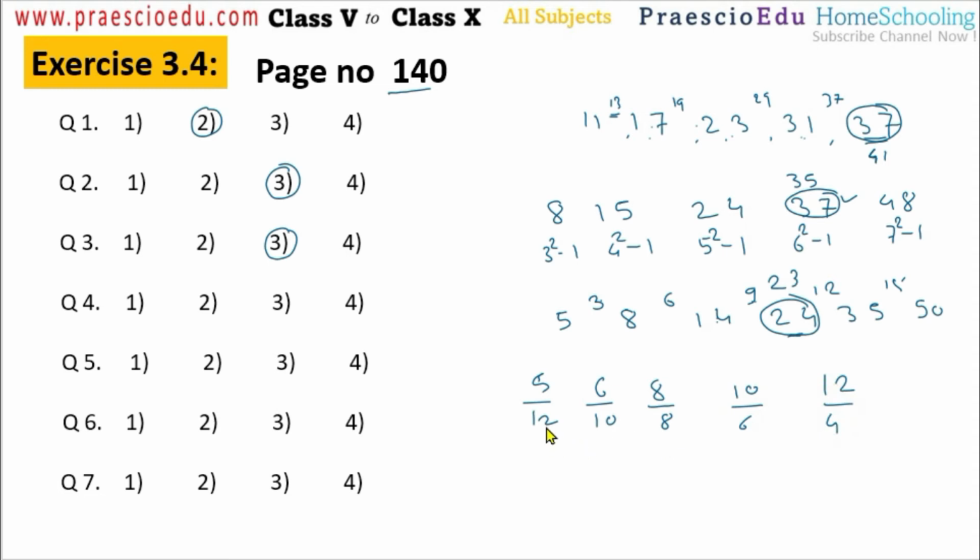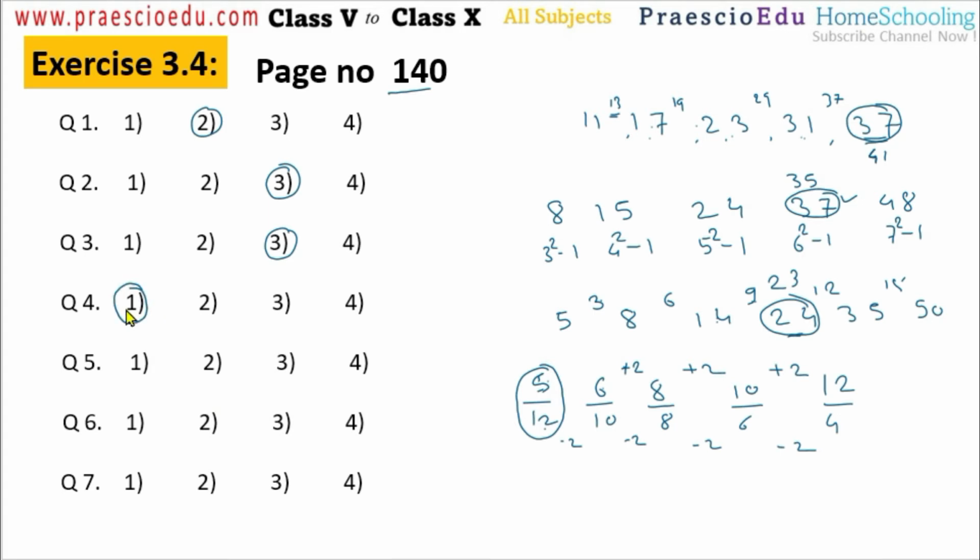So if you are seeing, the denominator is in descending order, means every time there is a minus 2, here also minus 2, here also minus 2, and the numerator, after the 5, every numerator increases by 2, means plus 2, here also plus 2, here also plus 2. So this 5 should be replaced with 4, but 4 is not there, so this term, 5 by 12, is different, and this is given in option number 1. So for question number 4, option number 1 is correct.